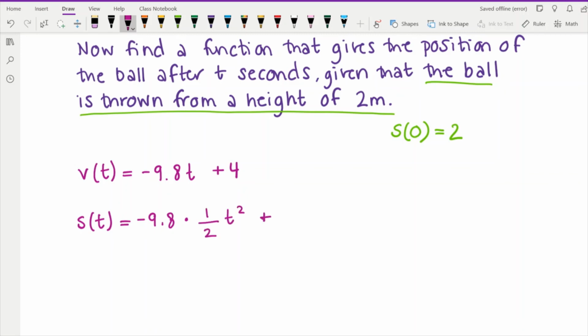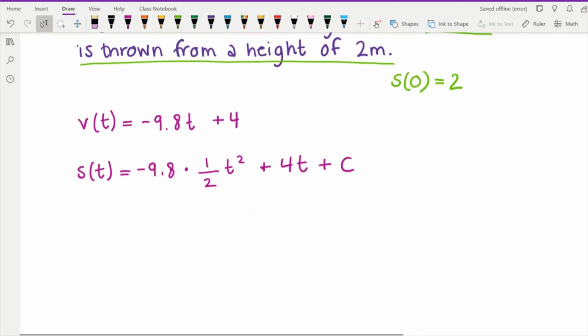And then we have plus 4 times t, right? The antiderivative of 4 is 4 times t. And then we have plus c. So let's clean this up a little bit. So this is going to be equal to 1/2 of negative 9.8. What is that? That's negative 4.9.